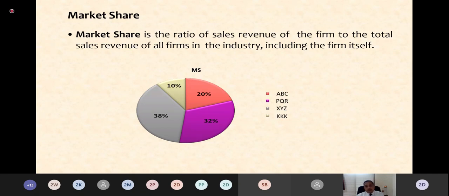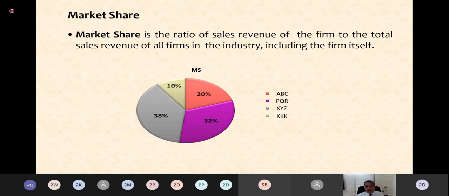Here you can see through this diagrammatic representation also that market share is a ratio of the sales revenue of the firm, what sales revenue a company is generating, to the total sales revenue of all firms in the industry, including the firm itself.